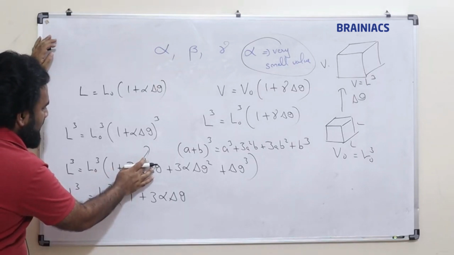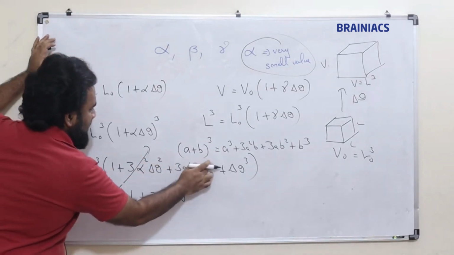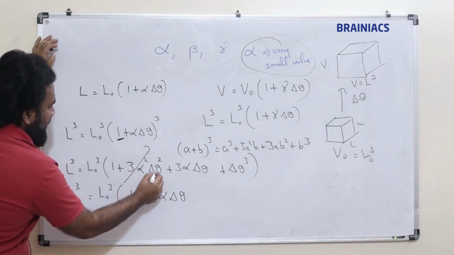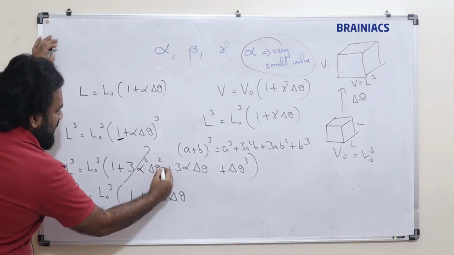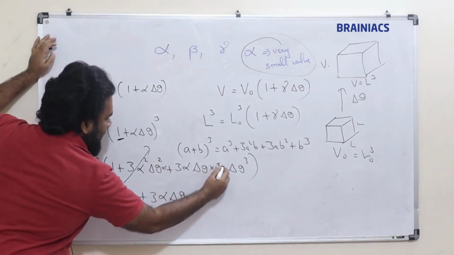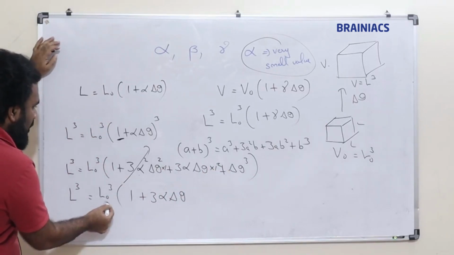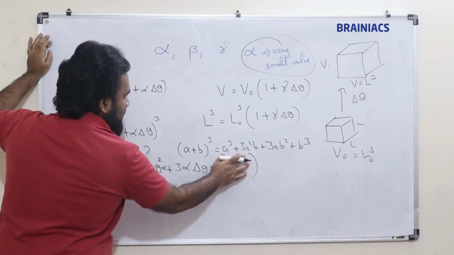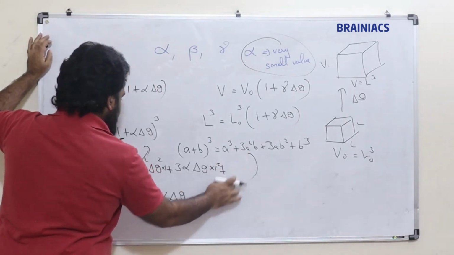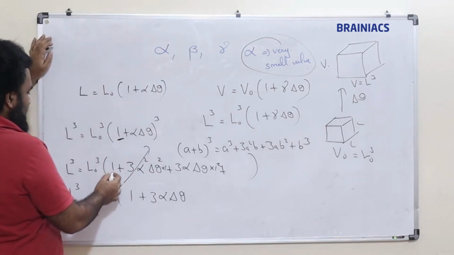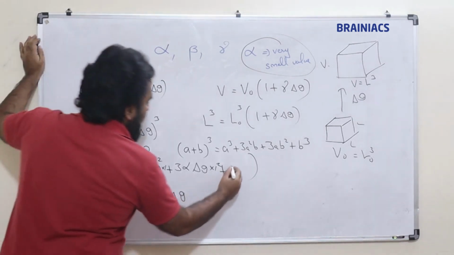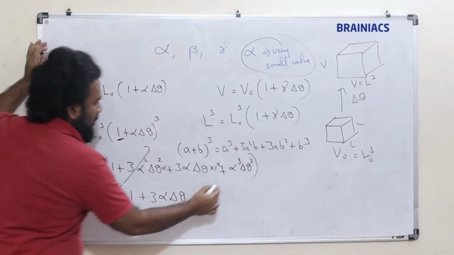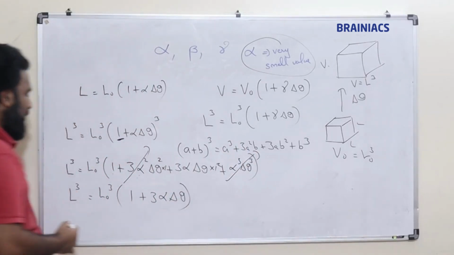This is 3 alpha square delta theta square, and this is 3 alpha delta theta, because 1 is the term, right? Here 3A square into B, so here 1 is there and here 1 square is there, so that was a mistake. So L naught cube into 1 plus 3 alpha delta theta. Okay, so B cube is alpha cube delta theta cube. Fine, so this also can be neglected, so this will be the form.